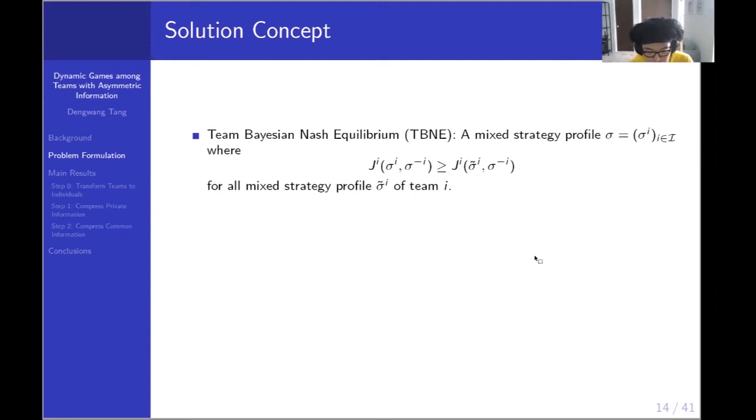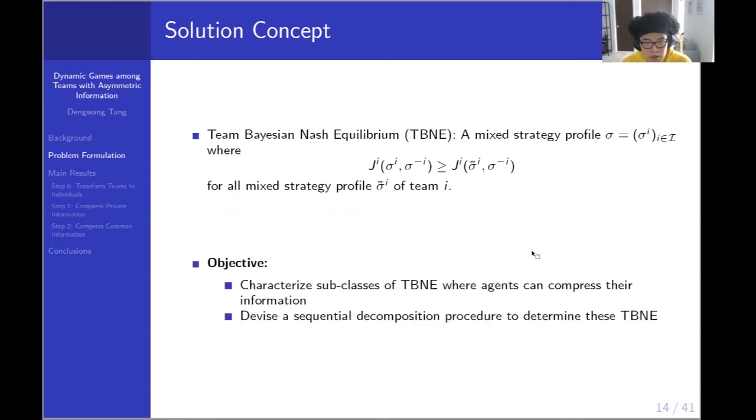Note that a unilateral deviation here means that possibly multiple members in one team decide to use some other strategies. So not just one agent, but one team.